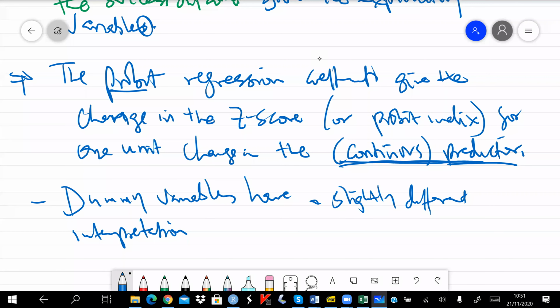If you're predicting the probability of success using a dummy variable, then you must mention the change in the probabilities in comparison to the reference category of the dummy variable in question. For instance, you'll be talking about the probability of success for the females compared to the males if gender was one of your explanatory variables. So the interpretation there is slightly different.